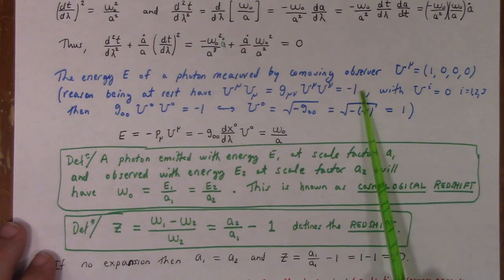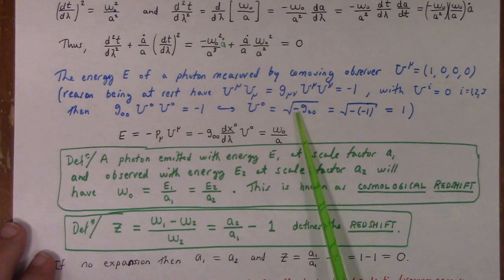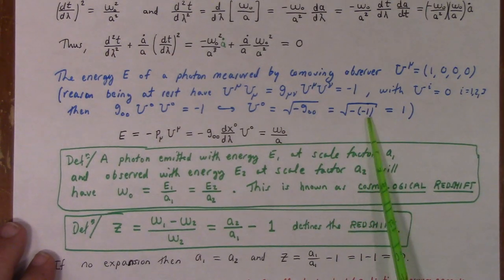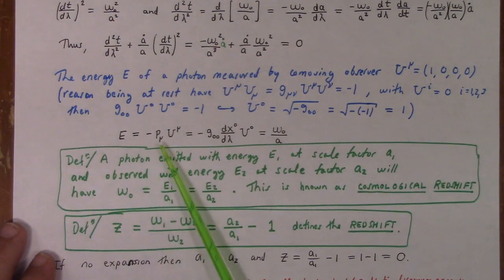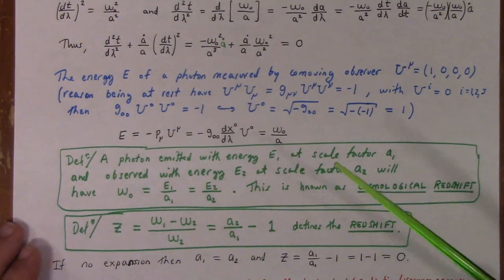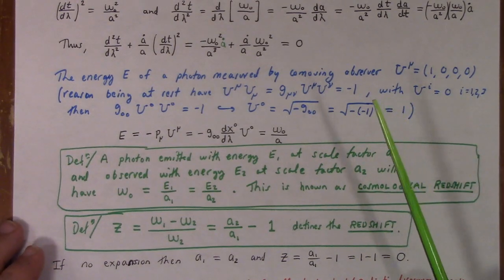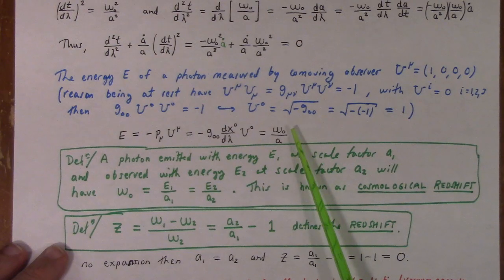To get a -1 here, we had to put it equal to the square root of the minus g₀₀ term of the metric, which just so happens to be 1. Anyway, the energy of this photon, measured by a co-moving observer in the expanding universe, is apparently ω₀ over a.